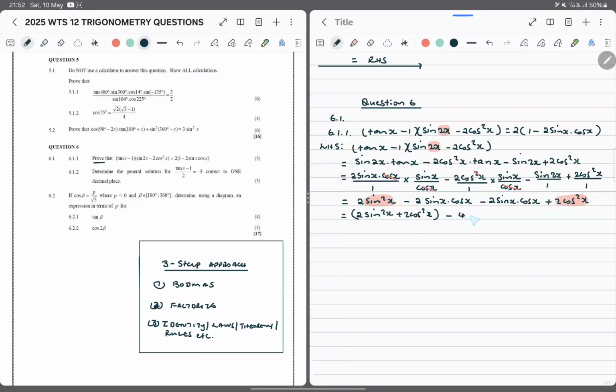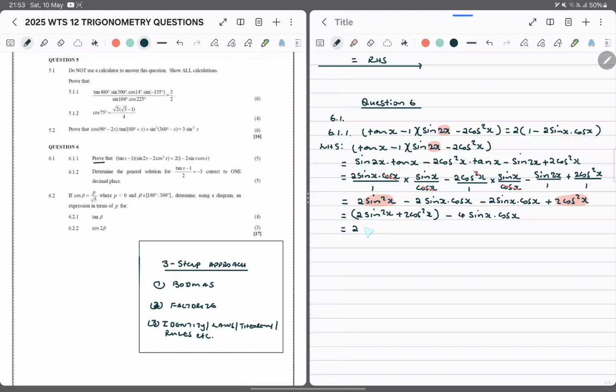So this is going to be minus 4 sine x cos x. And then we factorize here.